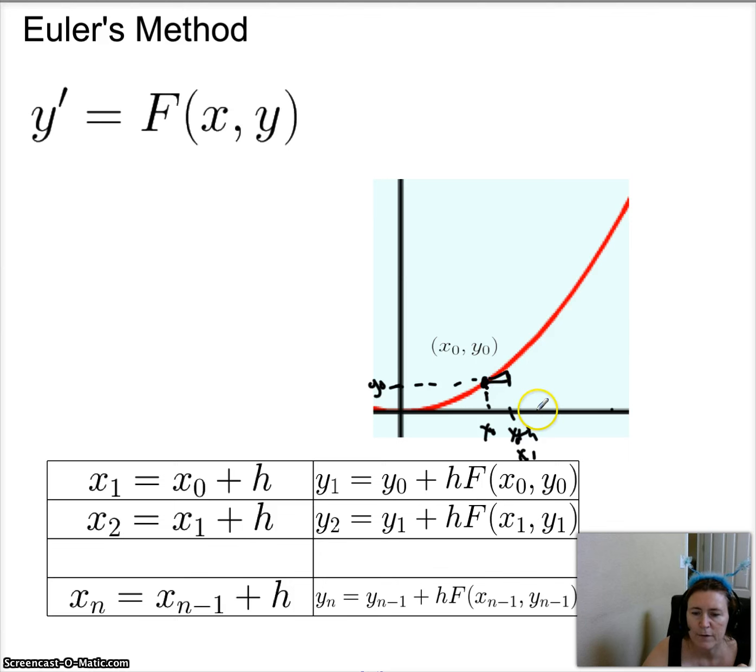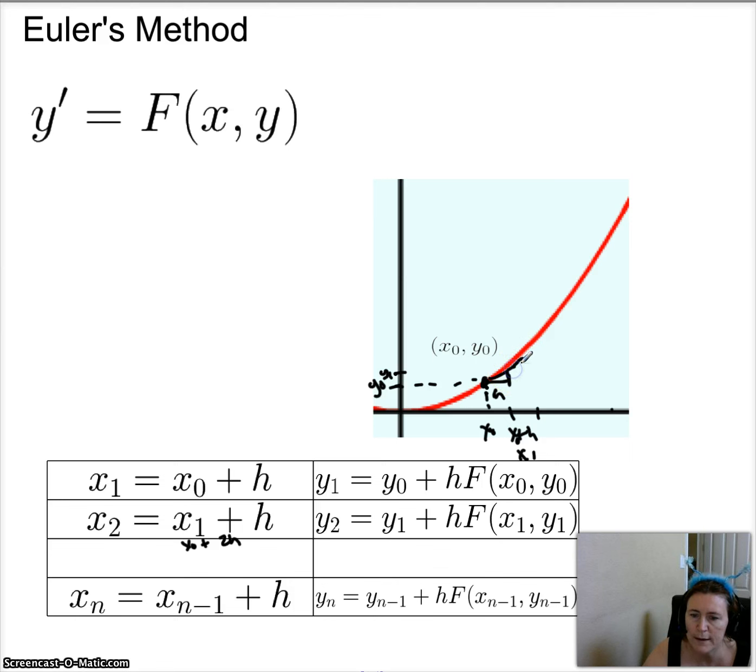Now, if I go over to x1 plus h, recognize that this is going to be x naught plus 2h, realizing as we march across each of these, we're moving across at even intervals, then my y2 is going to be whatever my y1 value was, plus my increment, h, times the slope of this line.